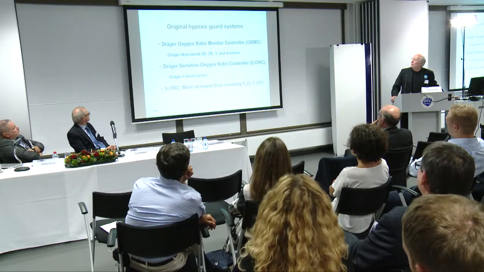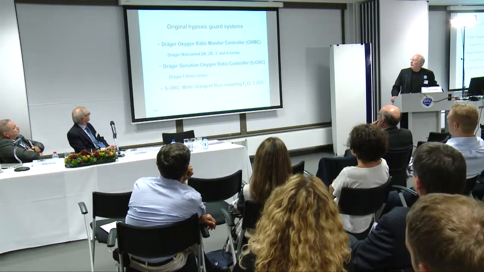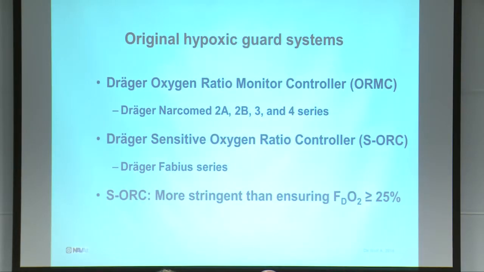The other hypoxic guard system was developed by Draeger, and it was originally called the ORMC, and that's still used in some of the older North American Draeger anesthesia machines. A second system that was developed by Draeger is the sensitive oxygen ratio controller, the S-ORC, and that is used by the Draeger Fabius series.